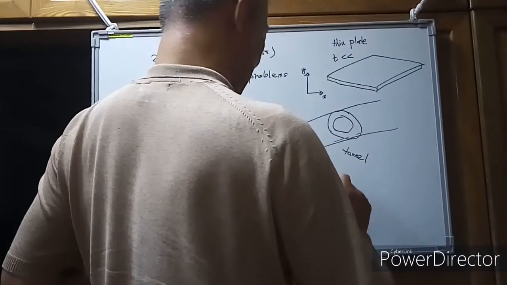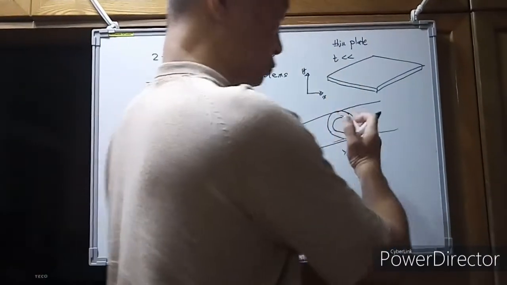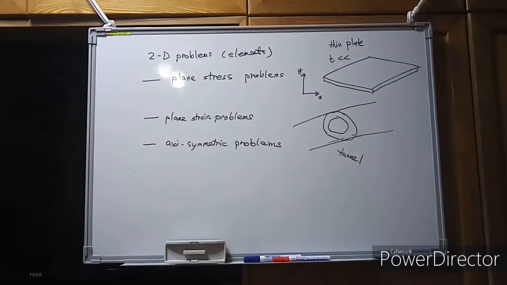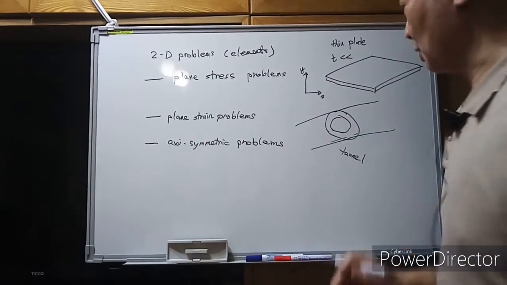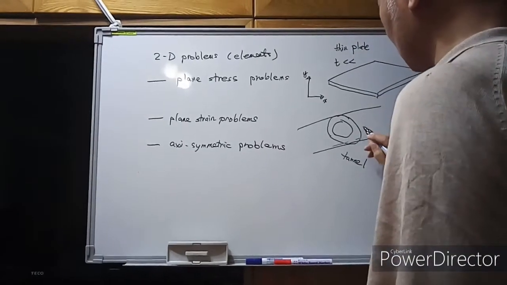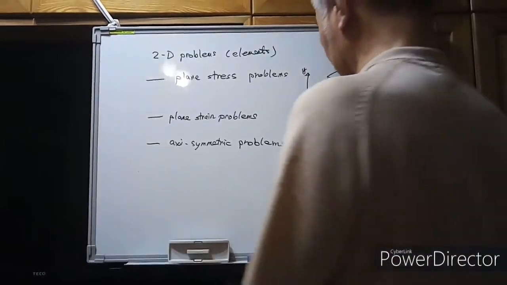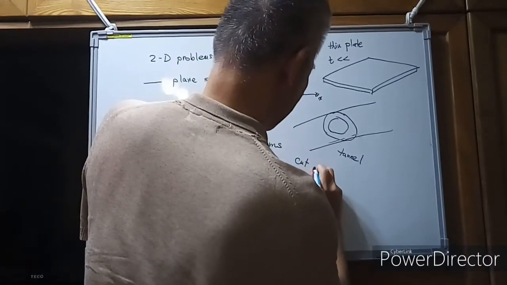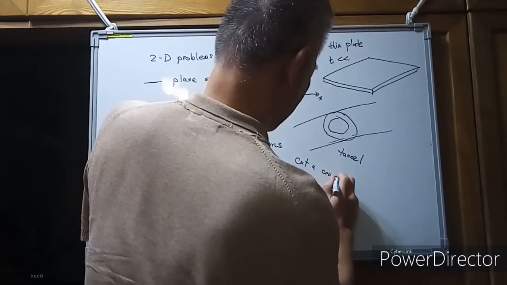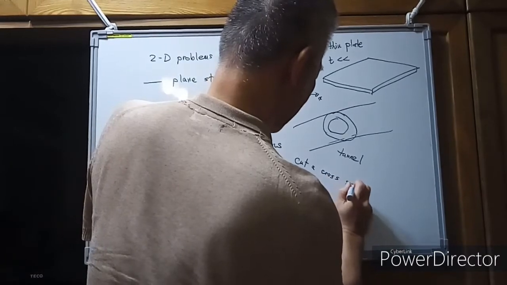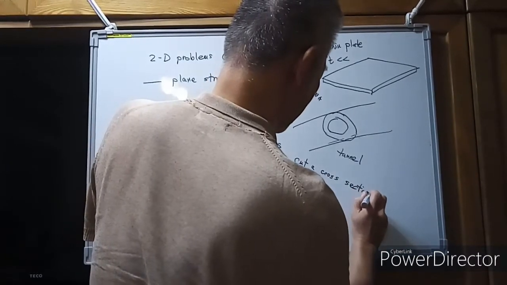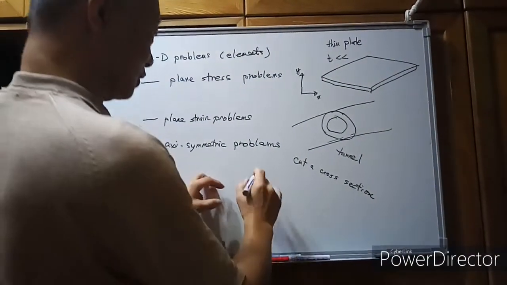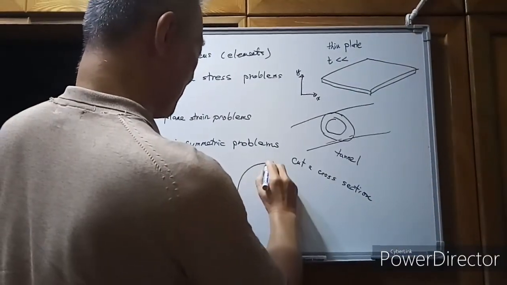We have the cross section of the tunnel, and for the plane strain problems, we can cut a cross section of the tunnel.